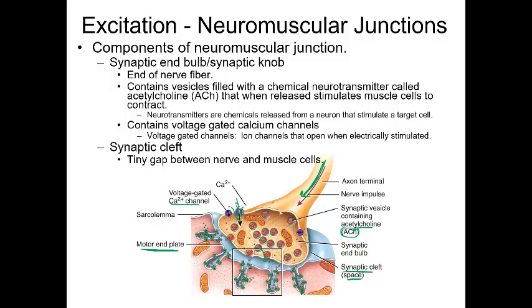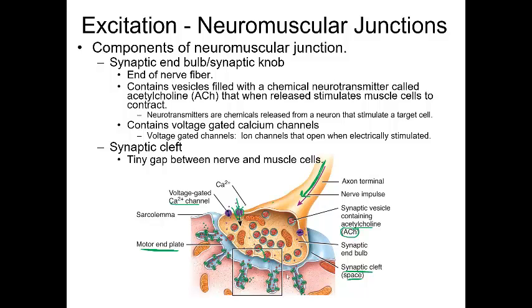Okay. So we've seen how the action potential comes down and triggers the calcium channels to open up. Calcium rushes in and triggers the exocytosis of the acetylcholine. Acetylcholine gets exocytosed into the synaptic cleft.